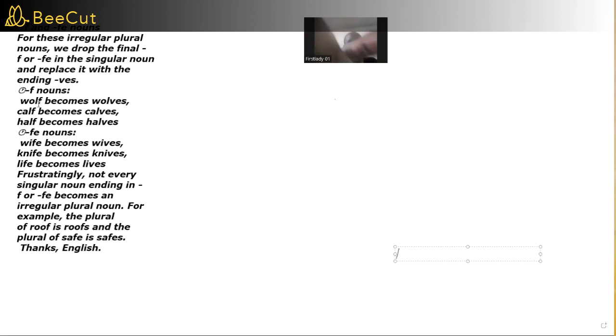So we say, for example, wolf becomes wolves, calf becomes calves, half becomes halves, wife becomes wives, knife becomes knives, life becomes lives. So we're going to look at more examples now. The plural of roof is roofs, and the plural of safe is safes.